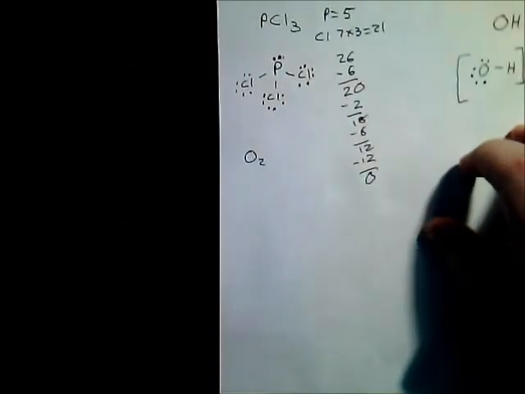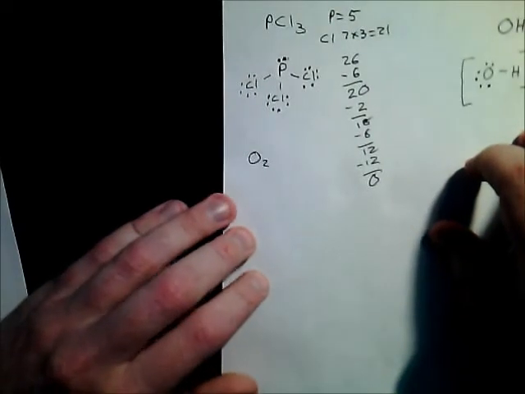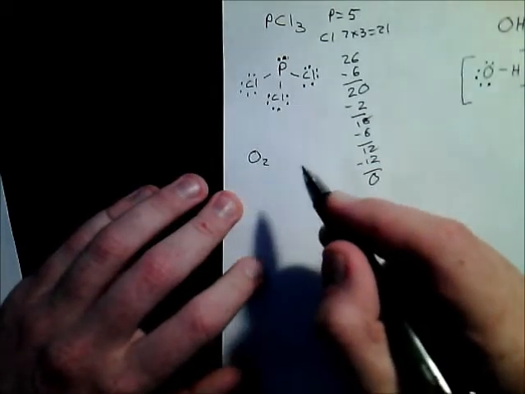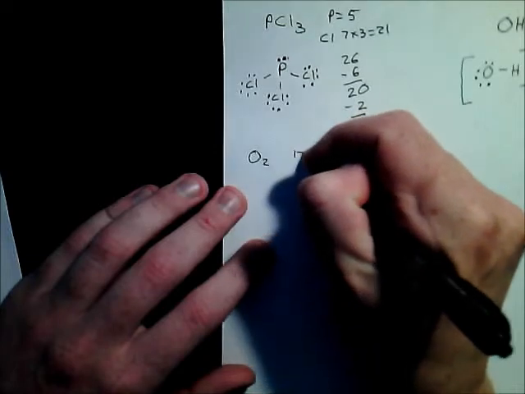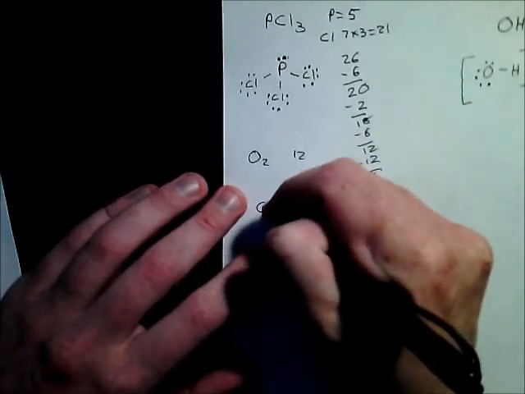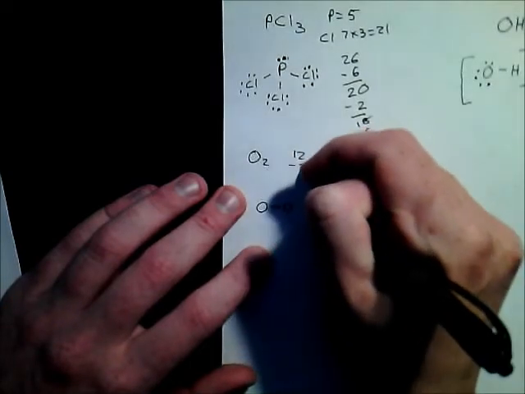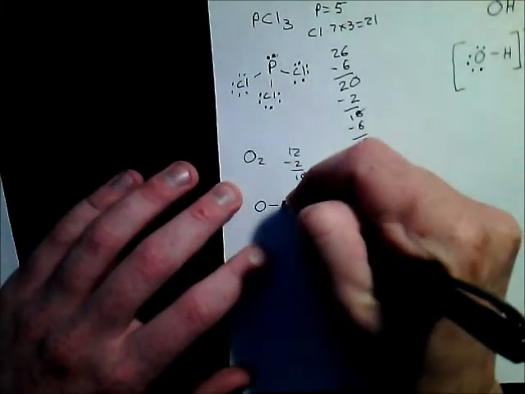So, you know, these Lewis structures can be like little puzzles. Sometimes they're easy puzzles, sometimes they're harder puzzles. So take O2, for instance. Oxygen has 6 valence electrons, so we have 12 electrons to work with. So we take our oxygens, connect them, that's 10 electrons left to go. So you might think, well, let's just split them up.